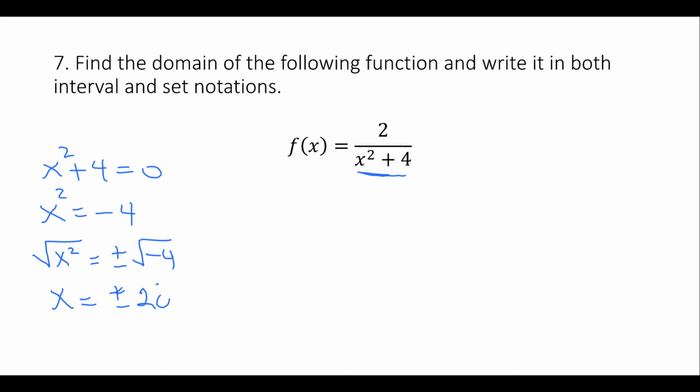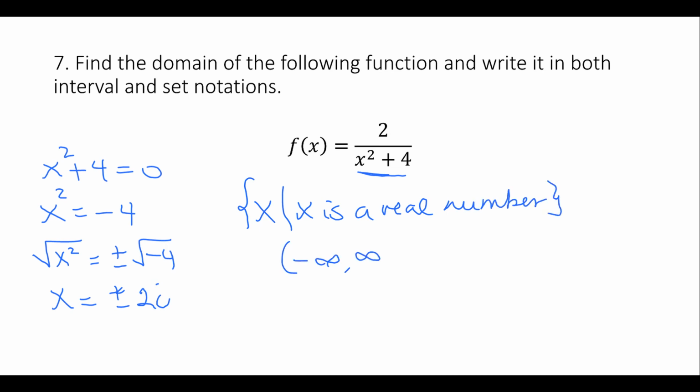That's not possible because there are no real numbers that are going to give me trouble. Only imaginary numbers, but we don't even care about them. So in terms of the domain, that means that the domain is all real numbers. So in set notation, that's all the x's such that x is a real number. And in interval notation, it's -infinity to infinity.